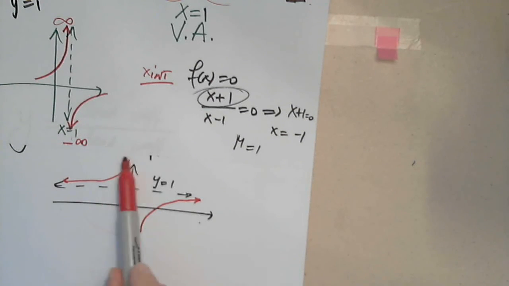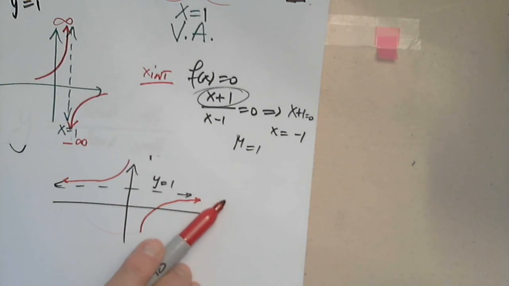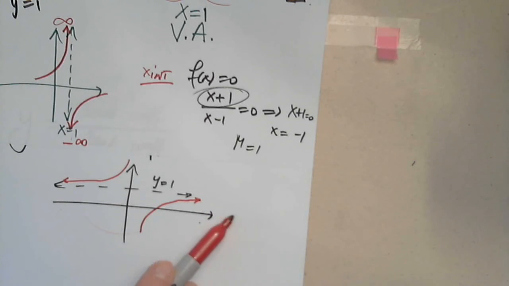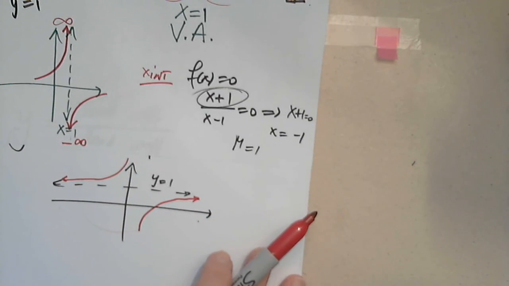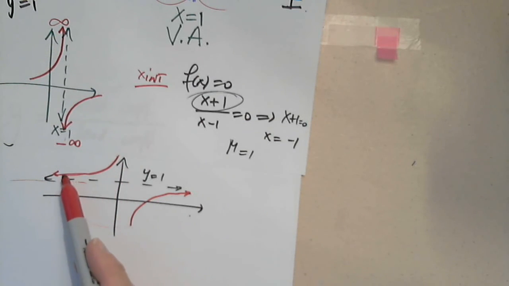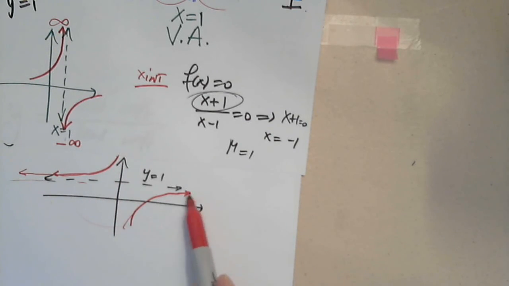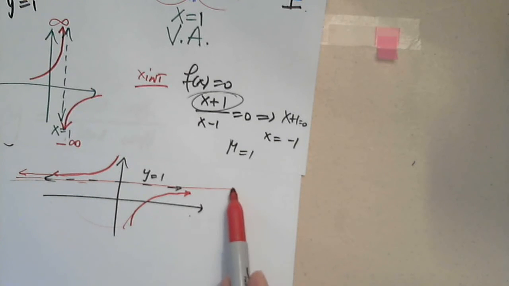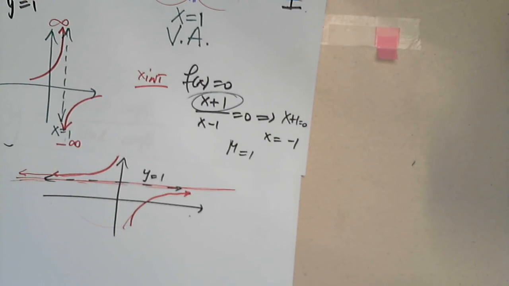Not in the middle, but far away. When x approaches infinity and when x approaches negative infinity, the function values get closer and closer to 1. Why? Because y equals 1 is a horizontal asymptote for this function.